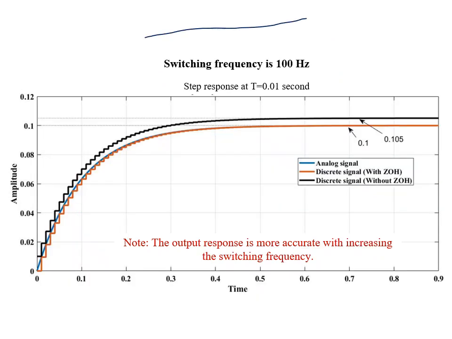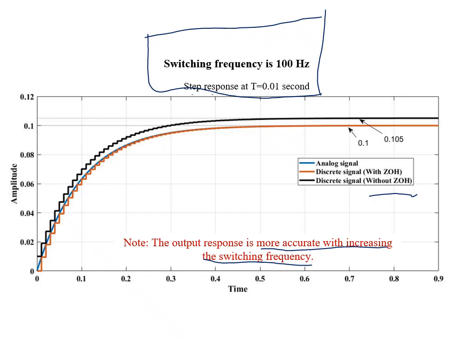If we increase the switching frequency and decrease the step time, we get a more accurate response. The curve in blue is the analog signal, the red curve is the discrete signal with zero order hold, and the discrete signal without zero order hold is in black.